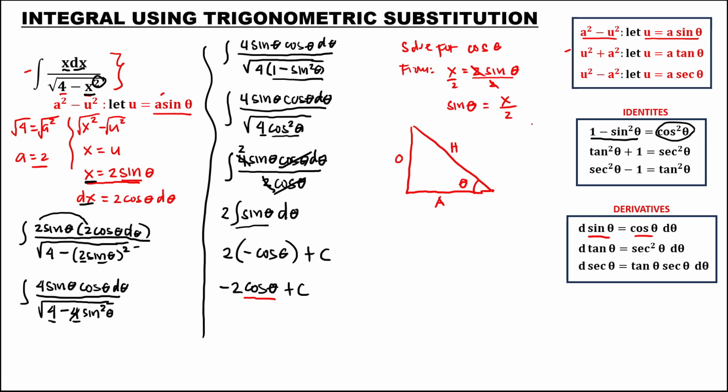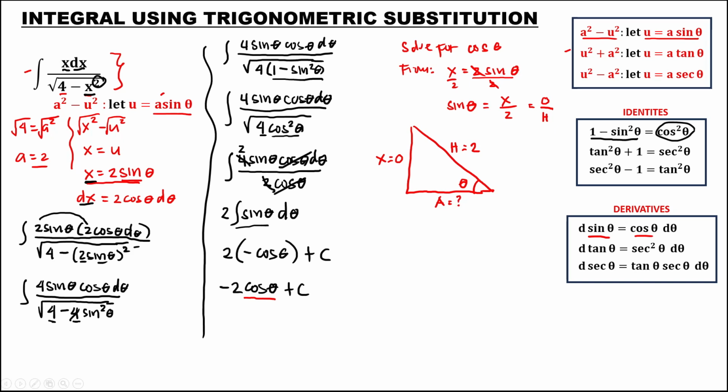Now take note, since sine is equal to opposite over the hypotenuse, this side is equal to x, that's the opposite, and this side is equal to 2, so the adjacent is the unknown.